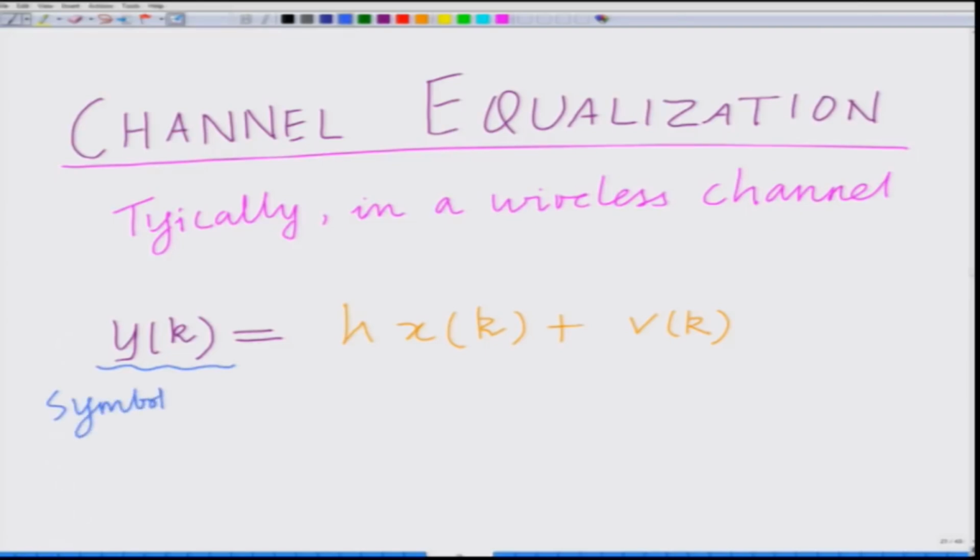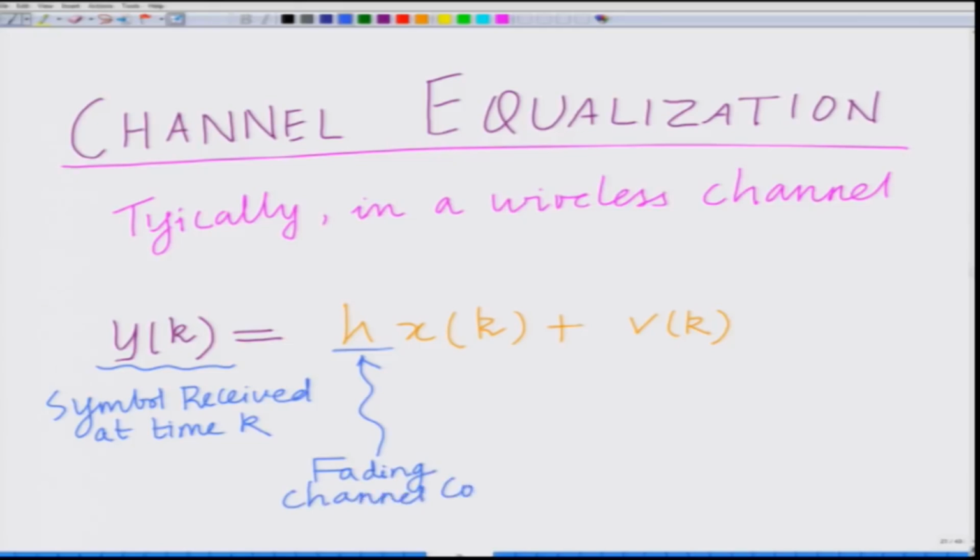Just to refresh your memory, H is the flat fading channel coefficient.